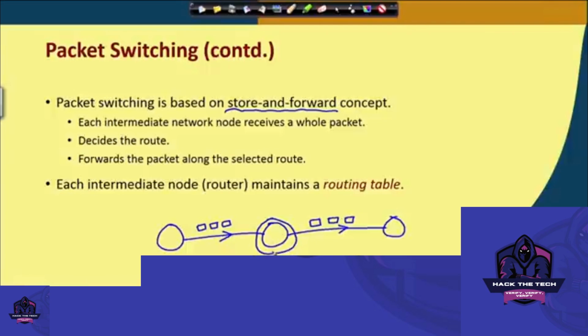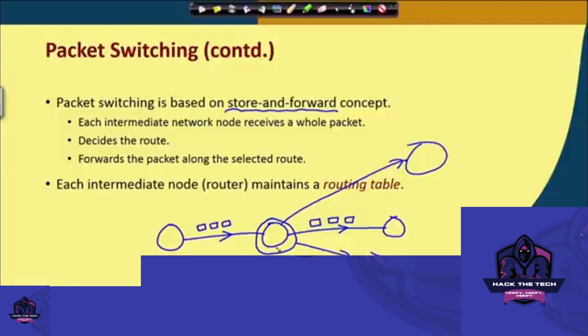If due to some reason the next link is busy, there is a lot of traffic, then you will temporarily store them in the buffer, you will not send them now. When the link becomes free, then you forward them. In this way, the link utilization can improve to a great extent, right. And each of these intermediate nodes may not have a single link, there can be multiple links to different nodes, right. So, there is another thing these nodes have to decide.